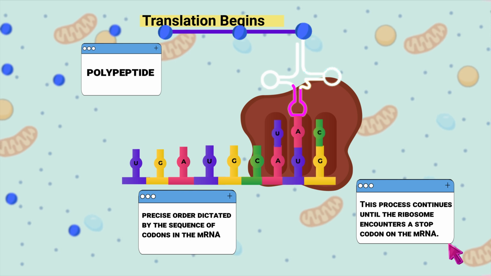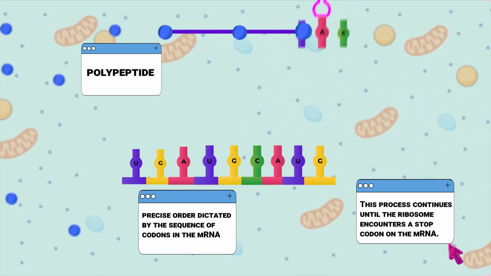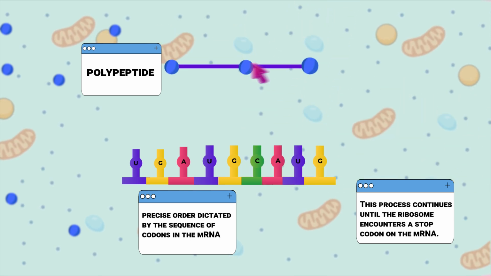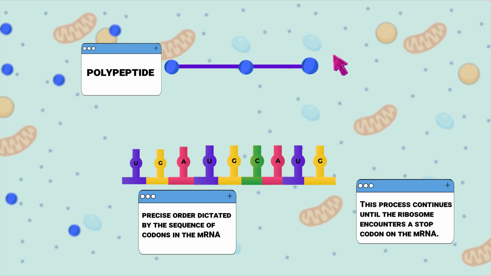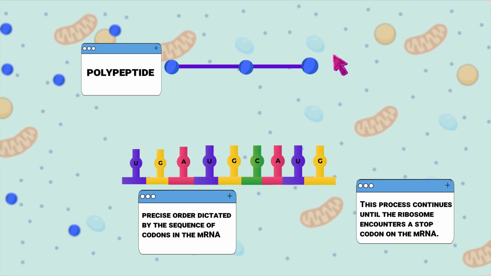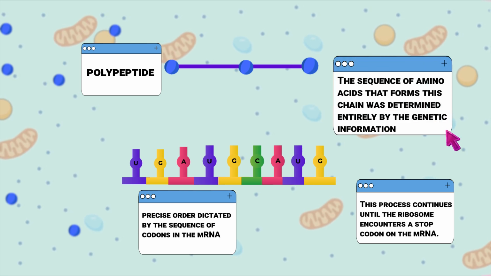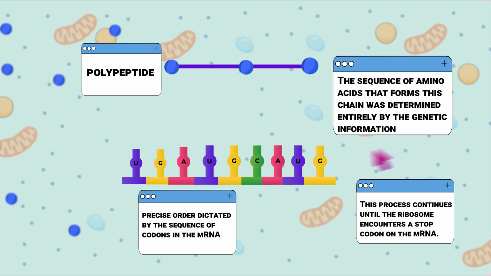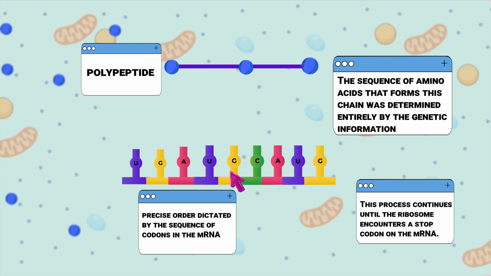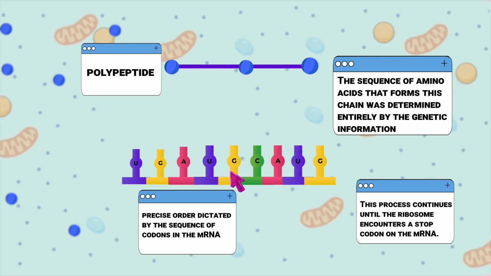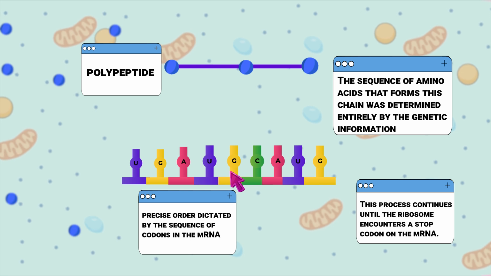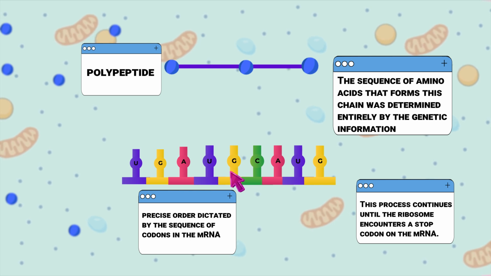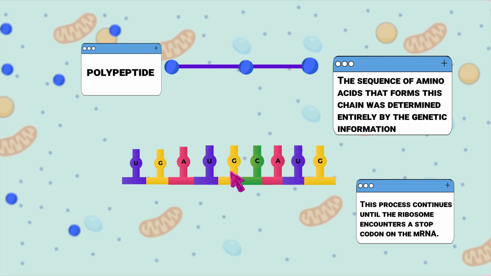When a stop codon appears, translation ends. The completed polypeptide chain is released into the cytoplasm, and the ribosome detaches from the mRNA. The sequence of amino acids that forms this chain was determined entirely by the genetic information originally stored in DNA. In other words, information that began as a sequence of nucleotides has now been converted into the structure of a protein.